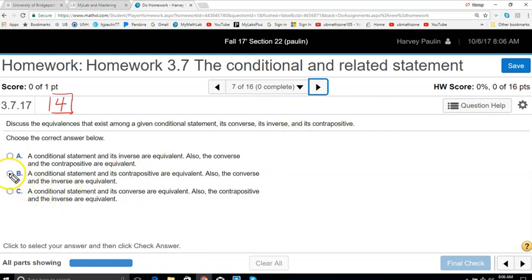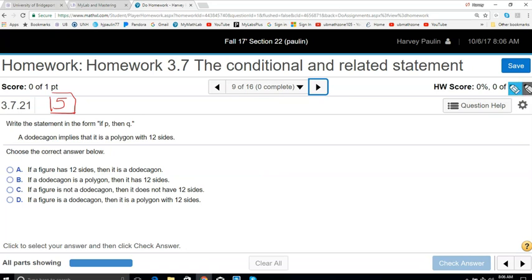And we had said B. The conditional and contrapositive are equivalent. The converse and the inverse are equivalent. Again, we don't expect you to memorize all this, but we do expect you to have a reference and follow it to the answer.